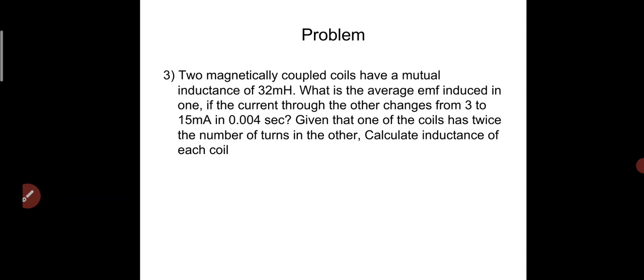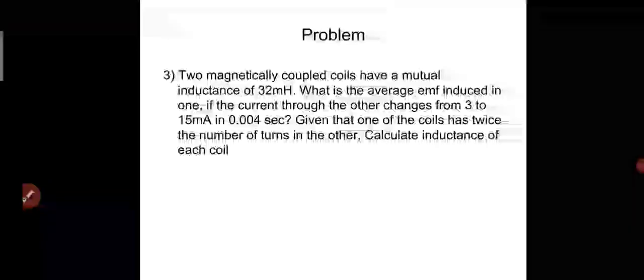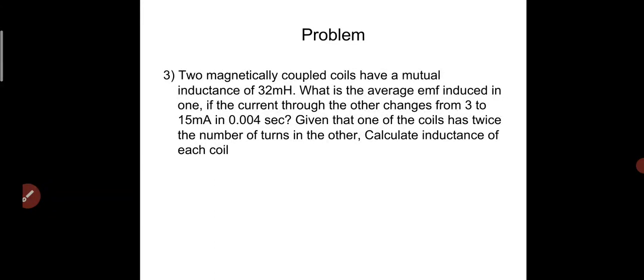What is the average EMF induced in one if the current through the other changes from 3 to 15 milliamperes in 0.004 seconds? Given that one of the coils has twice the number of turns in the other, calculate the inductance of each coil.